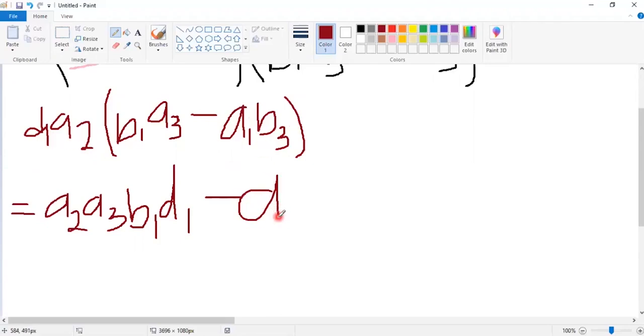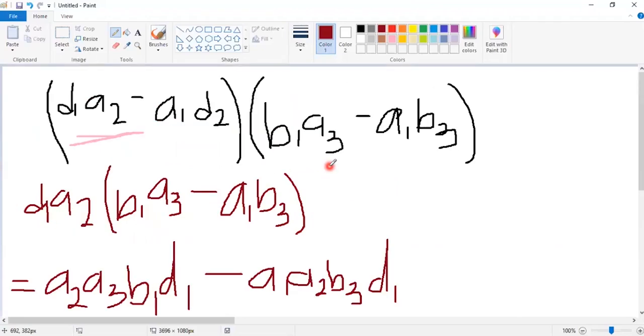And then we have A1, A2, B3, D1. And then we are done with this part. So we move over again to this second part and we multiply.